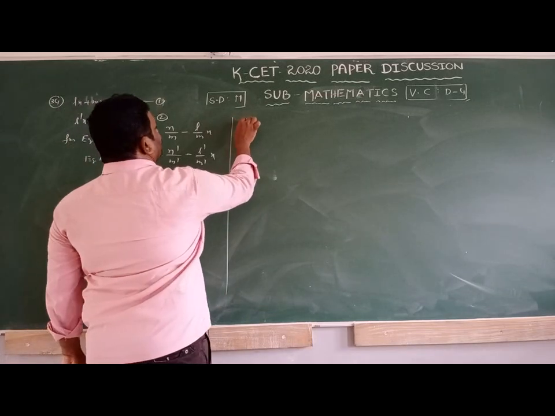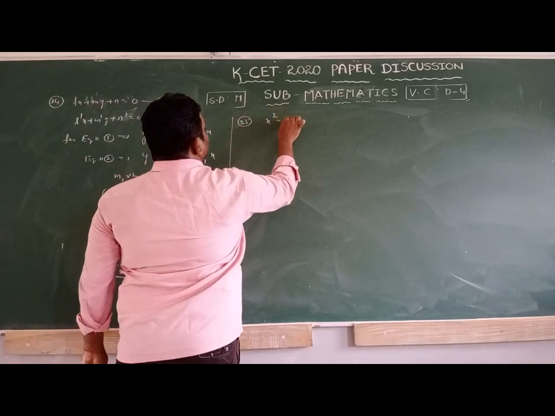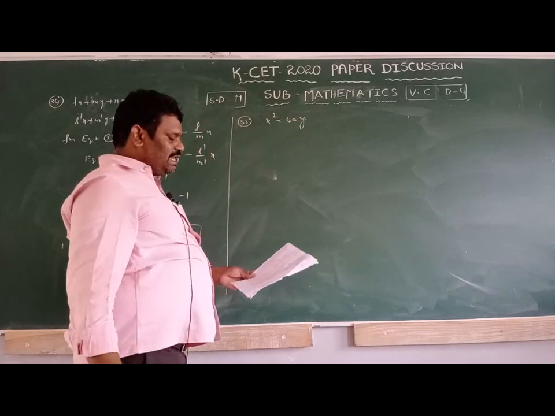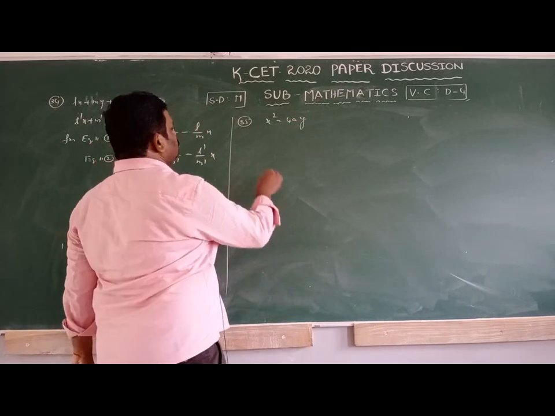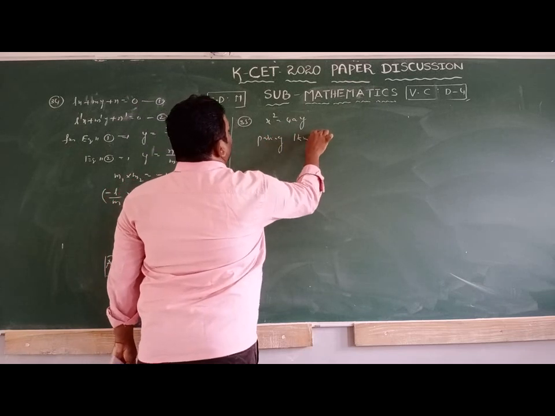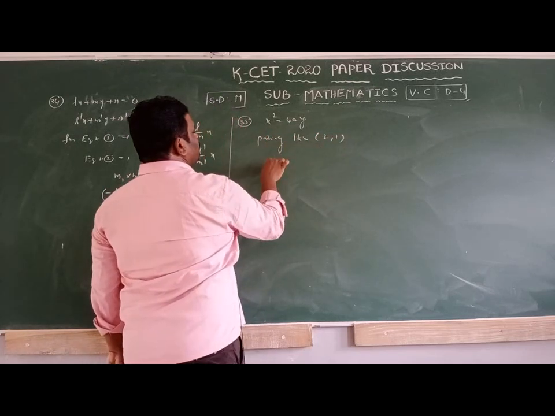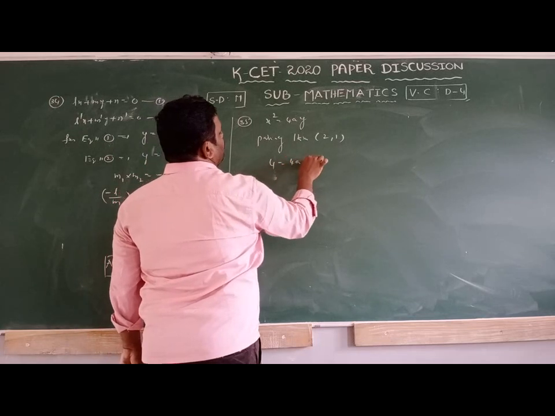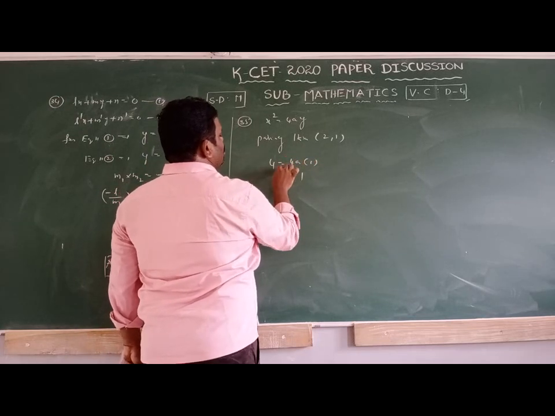Next, question 35. A parabola is given, x square is equal to 4ay. Now find the length of the latus rectum, given that this parabola is passing through (2, 1). So 4 is equal to 4a into 1, so a is equal to 1.